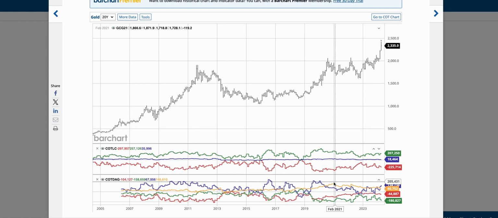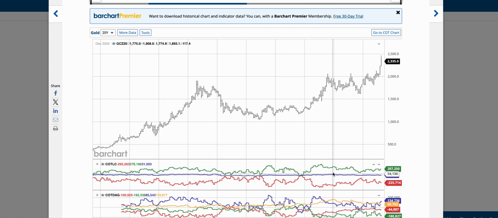So if we just focus on the top one for now, we can see the red line being the commercials. If we go back and look at the activity of this group, around March of 2022, this group of investors have been net short in terms of the total number of contracts, but the market was at a high, or you can even say a double top, making, I believe, a new high at that time.